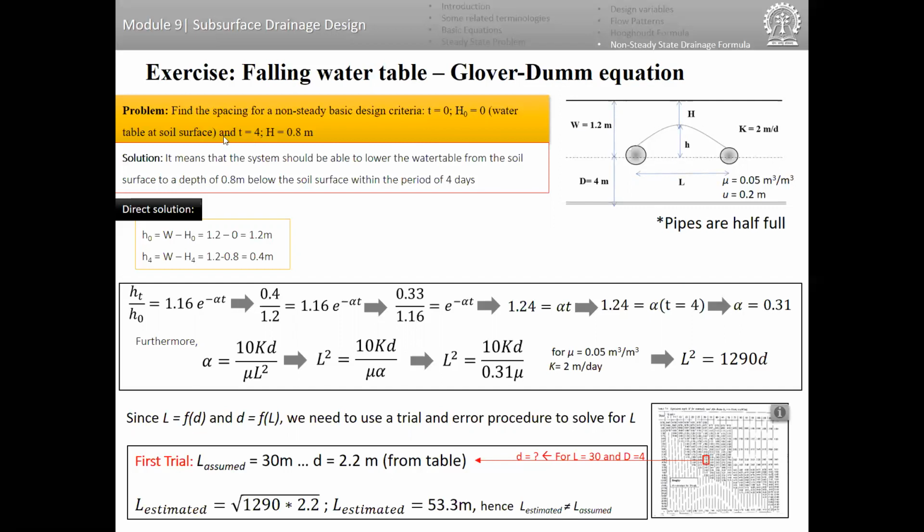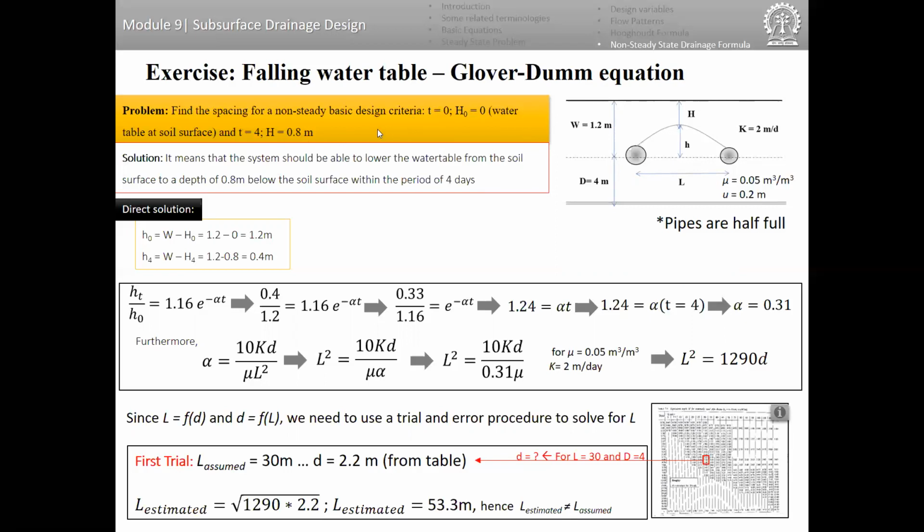Initially, at time t equal to 0, the water table is at the soil surface. And at time t equal to 4 days, h is equal to 0.8 meters. So we are starting from the soil surface, and after 4 days, h should be at 0.8 meter from the soil surface.